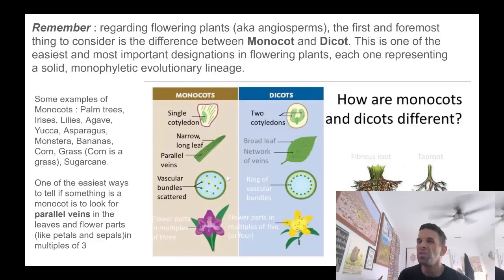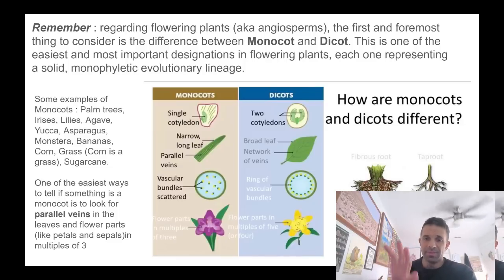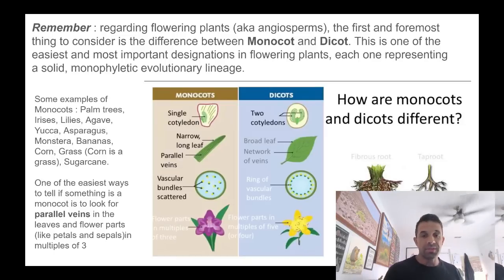A very few exceptions have something analogous to that, pseudo secondary growth, but don't even worry about that right now. The point is there are multiple ways that these two lineages look different. But yeah, that's another thing, that there's no true secondary growth in monocots. Parallel veins, flowers in multiples of 3, one seed leaf, etc.